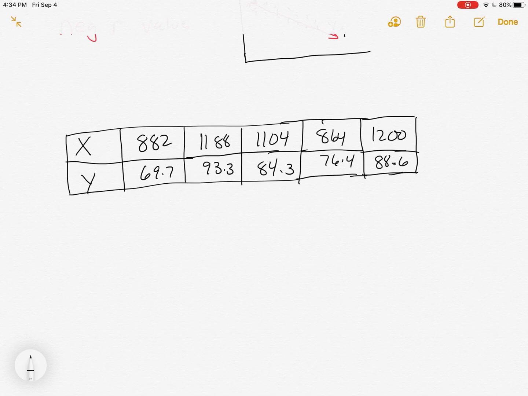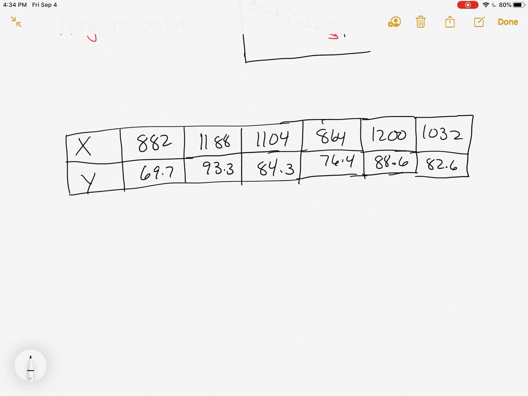So 1, 2, 3, 4, 5. We'll throw on another one. They have a little bit more, but I'm running out of space on the sides. This is our data, and they want to know if there's linear correlation between the number of chirps per minute in a cricket and the outside temperature.